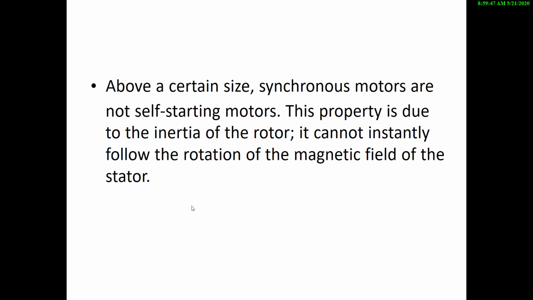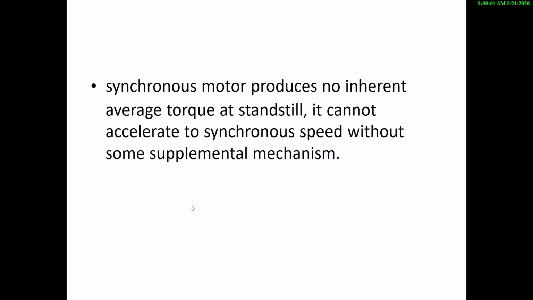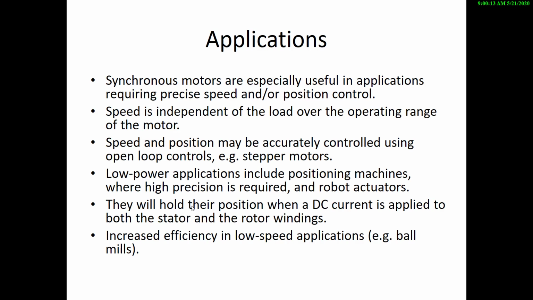In general, above a certain size, synchronous motors are non-self-starting. This property is due to the inertia of the rotor. It cannot instantly follow the rotation of the magnetic field of the stator, and this motor produces no inherent average torque at standstill, so it cannot accelerate to synchronous speed without some supplemental mechanism.